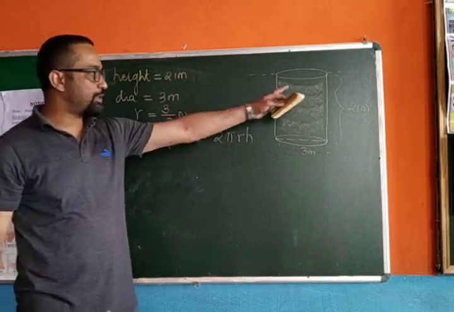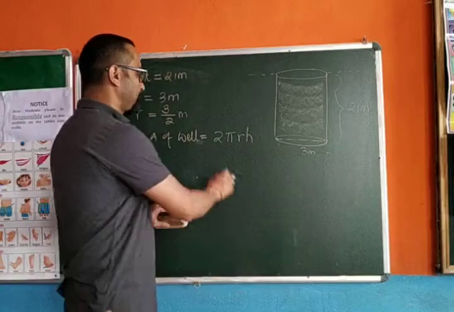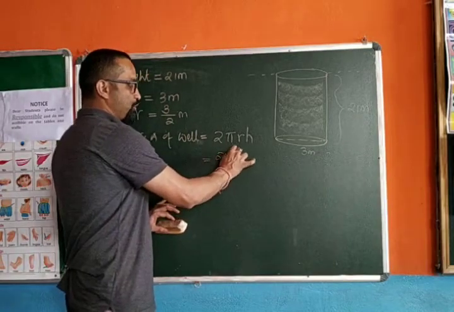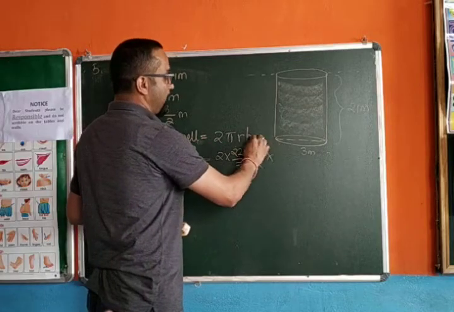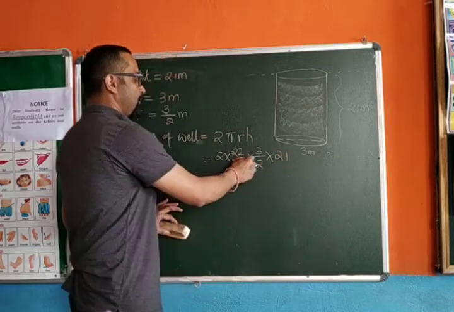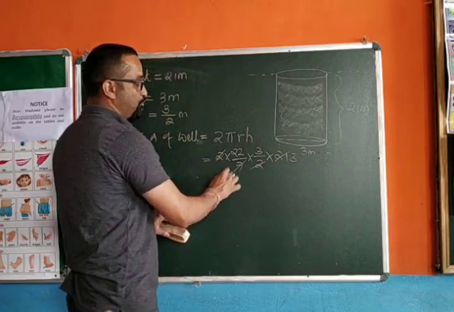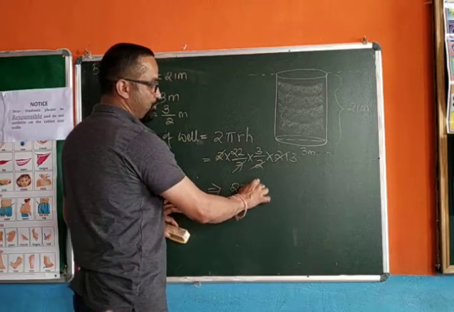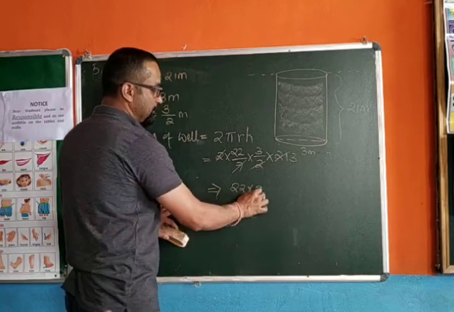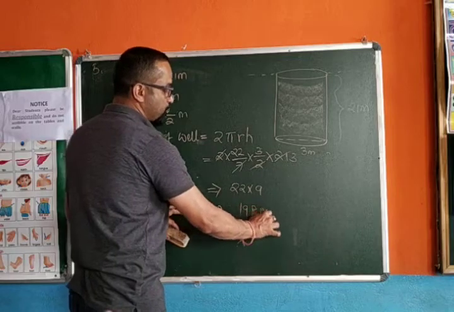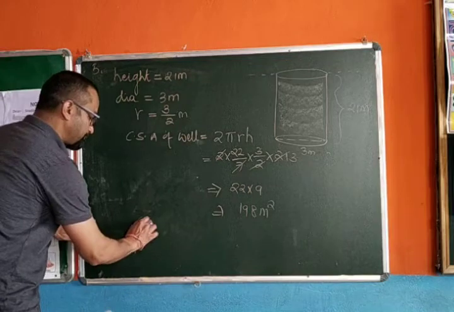Once you know the curved surface area, you can calculate the cost of plastering. 2 into 22 by 7, radius is 3 by 2, height is 21. 7 3 times, 2 cancels. You multiply this, 2 into 3 into 3 is 9, 9 into 2 is 18, 198 meter squared. Now we calculate the cost of plastering.